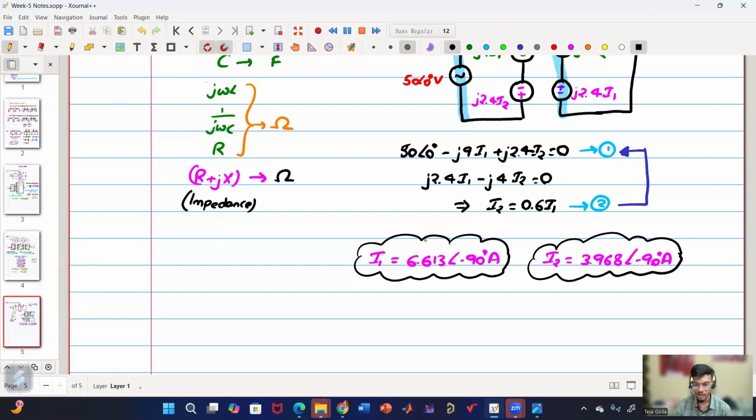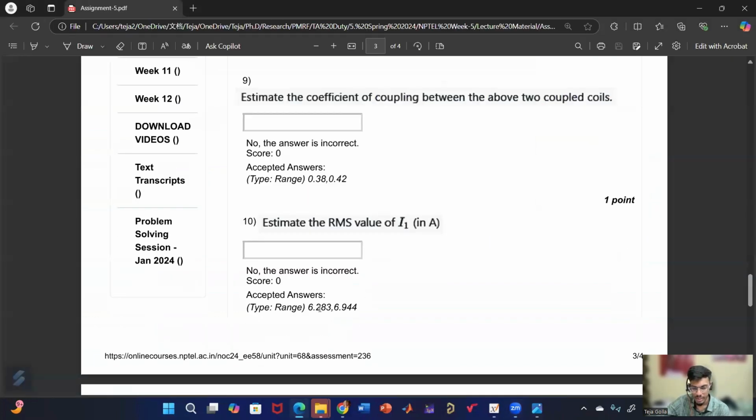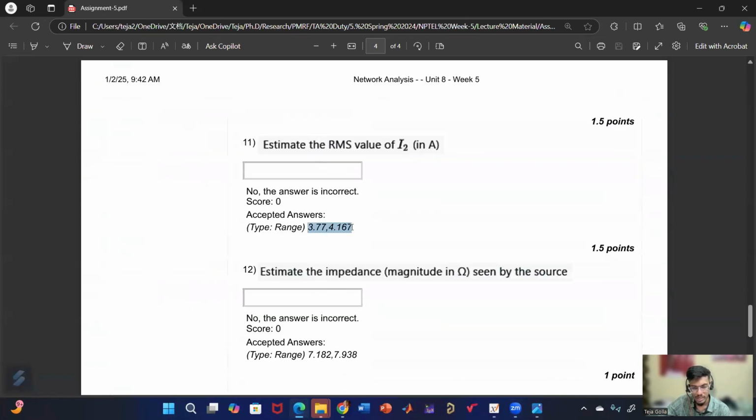Anyone calculated I1, I2? 5.89? It could be 6.613, just check your math. It will be the same. So I1 is 6.6, which is in the range, and I2 is around 3.9, also in the range.